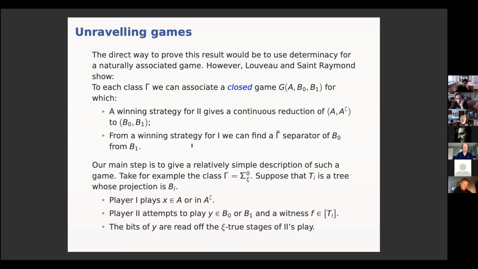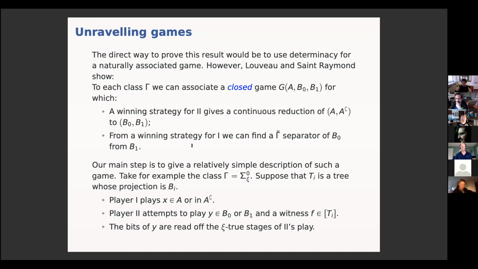And this is what Louveau and Saint Raymond do, and that's in some sense the most mysterious part about the series of papers. It's quite a hard argument, and so our idea is that this could be simplified quite significantly and shown to work in ATR naught.